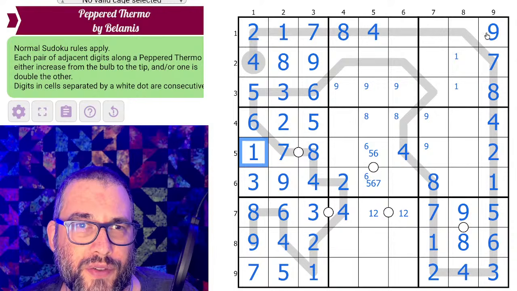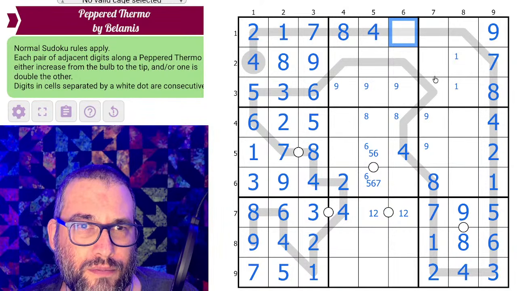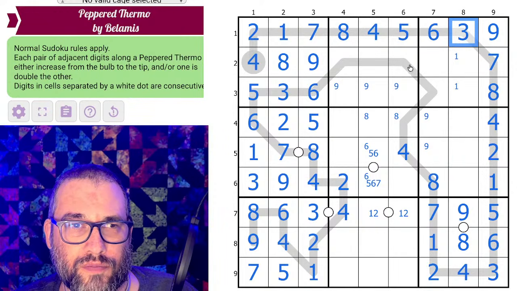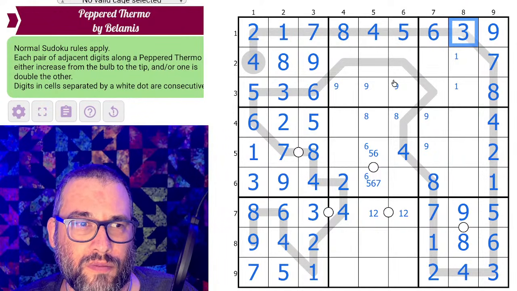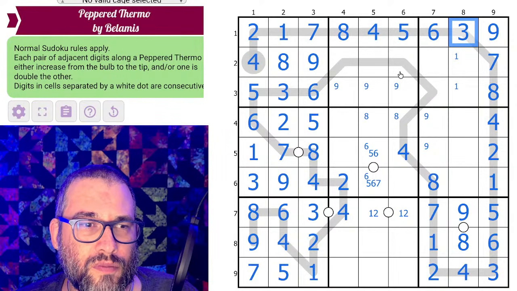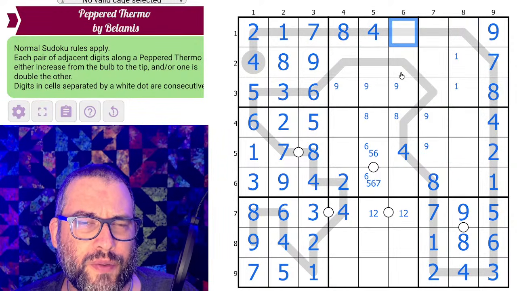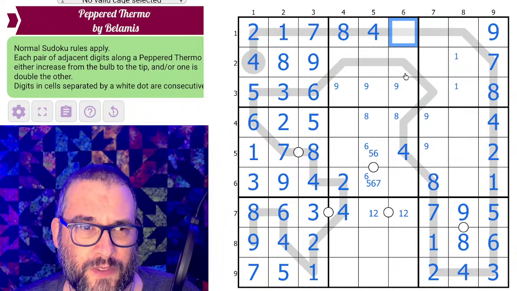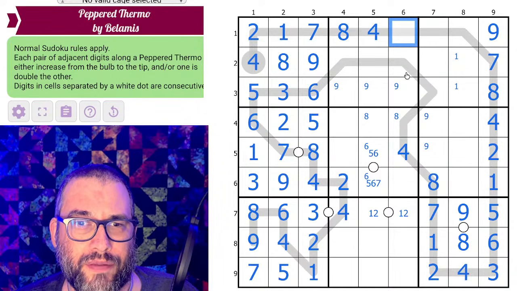Yes. 5, 6, 3. Looks right. Could also be 6, 3, 5. 5, 6, 3 or 6, 3, 5.